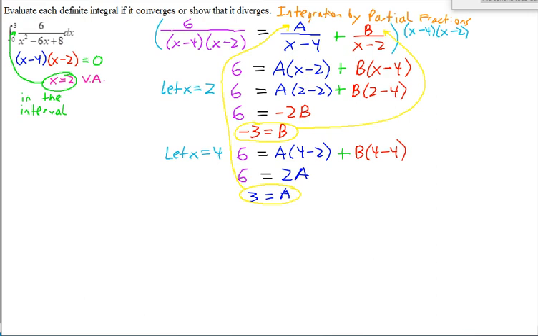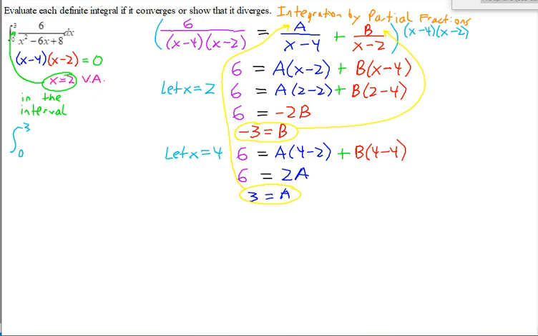And then we can rewrite our integral. Now normally I would just rewrite it as two separate ones from 0 to 3. We can do that at first here. So one step at a time, 0 to 3.